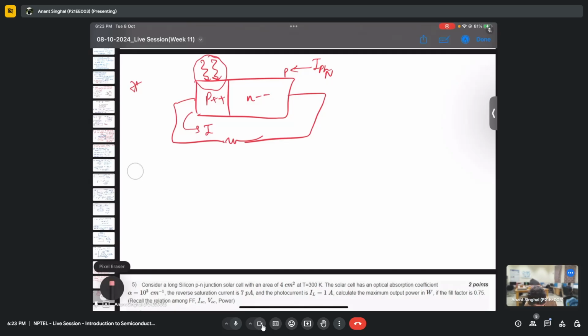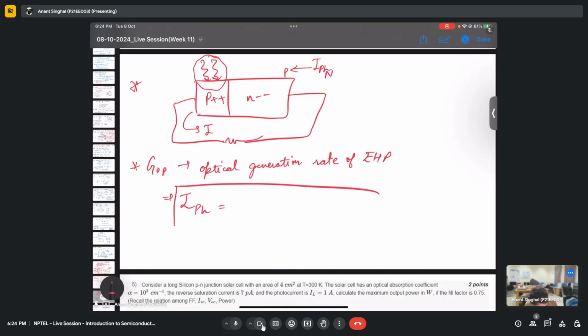So let me tell you some of the terms now. Let's say this G_OP is the optical generation rate. It is similar to the G that we were reading about for electron hole pairs. So the current due to the photons is q G_OP A, basically per unit volume, over W plus Lp plus Ln.